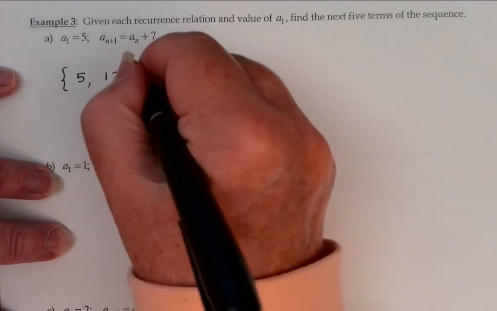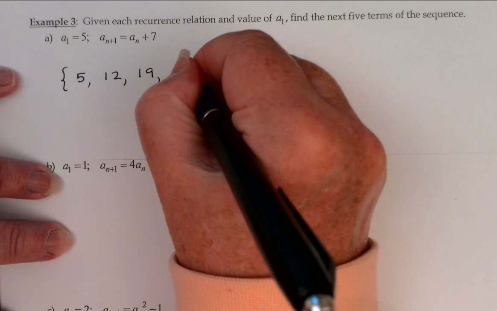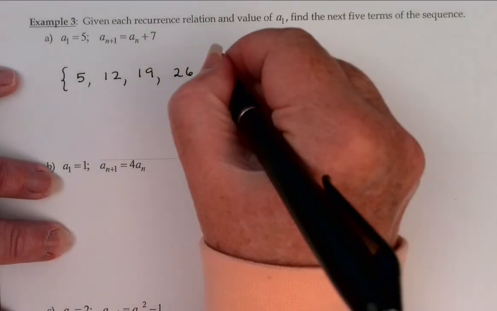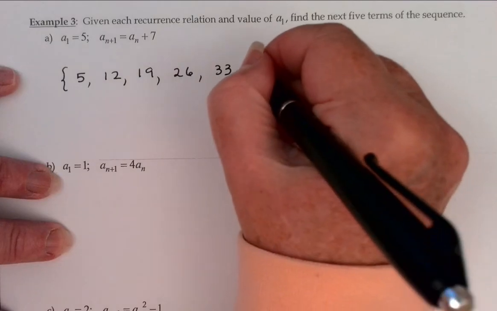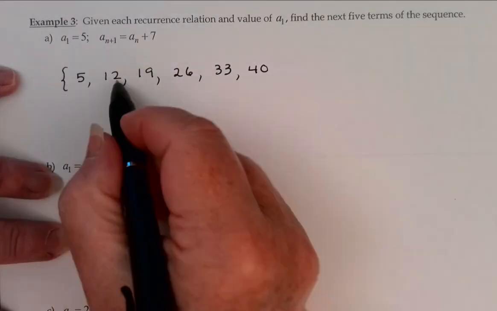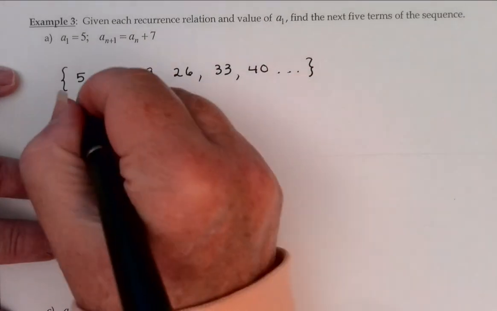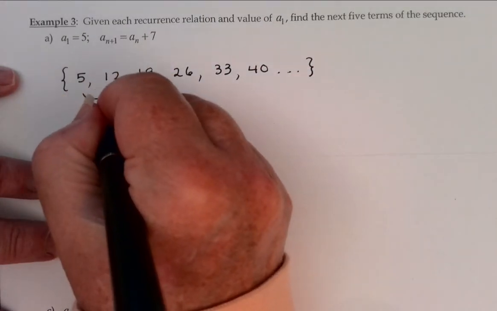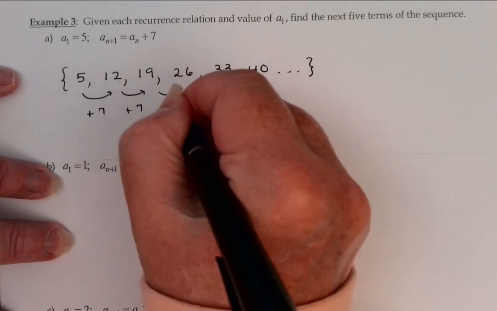And then 12 plus 7 would be 19. 19 plus 7 is 26. Adding 7 again gives me 33. And one more time gives me 40. So I've got 1, 2, 3, 4, 5 more terms. But again, to go from one term to the next, the recurrence relation just tells me to add 7 each time.